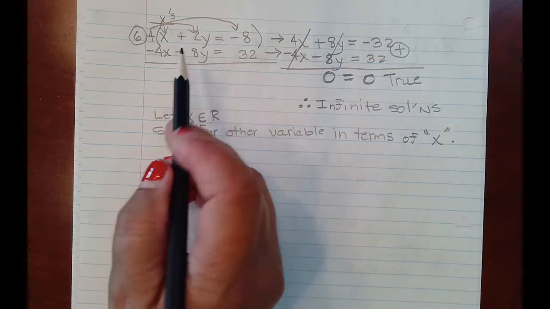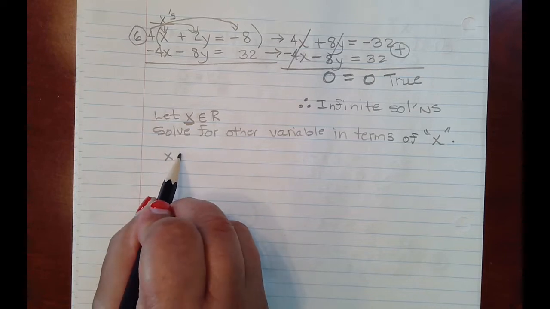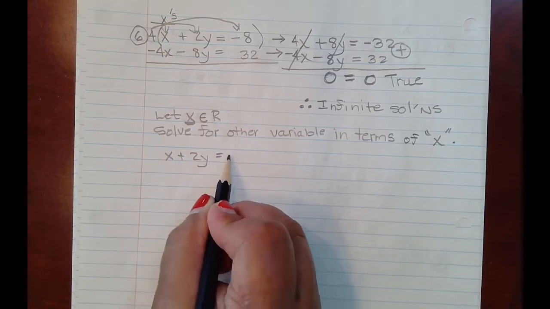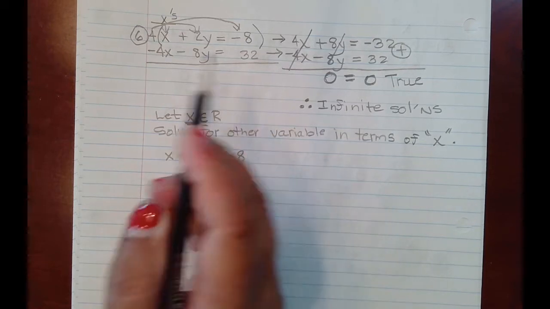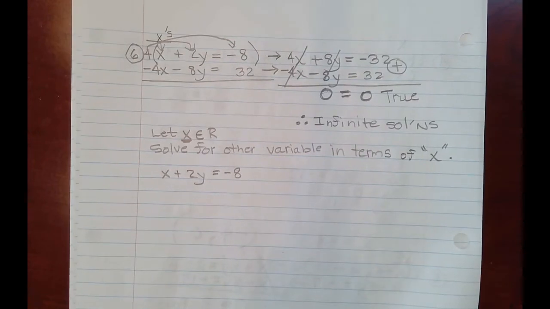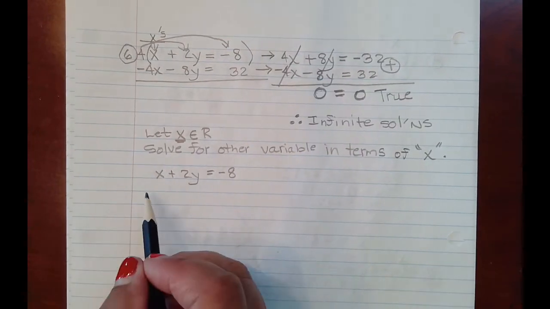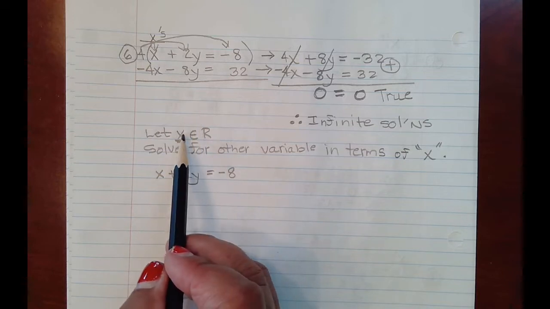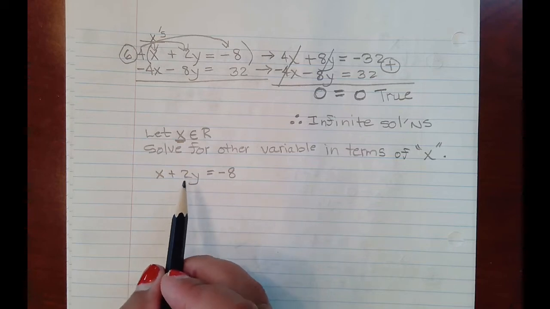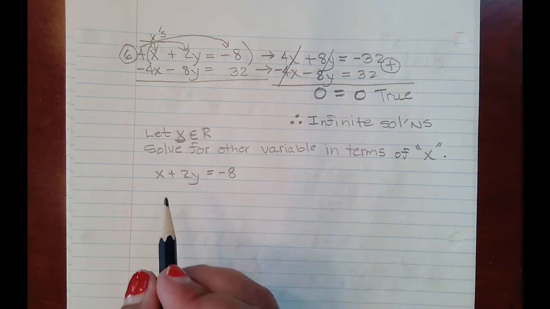Okay, so let's see, if I was to take the top equation, x plus 2y, just because it's easier to solve for x in that one than it is in this one. So I'm always trying to choose the option that has less steps. So I'm using that top equation. I've announced that x can be any real number, and actually I want to isolate for y in terms of x. Let me say that right.